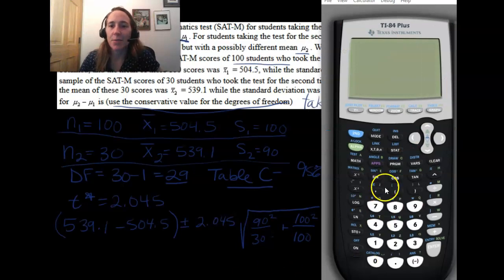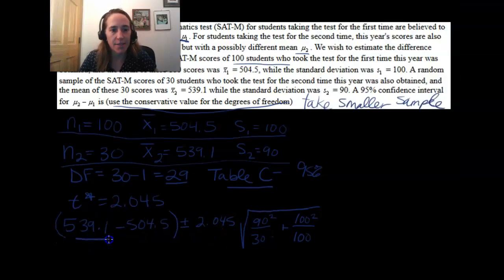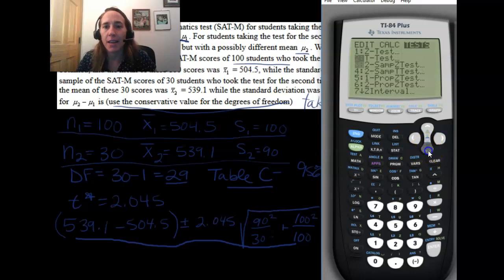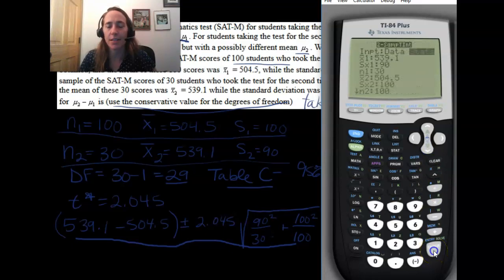All right, so when we're using our calculator, first thing, remember, you do have to plug in all of these numbers. So I want you to do all of the numbers, and then you can use the calculator to run the test. So we're going to do a confidence interval. So you have to scroll down to a 2 sample, not a Z interval, it's a T interval. So you'd hit 0.